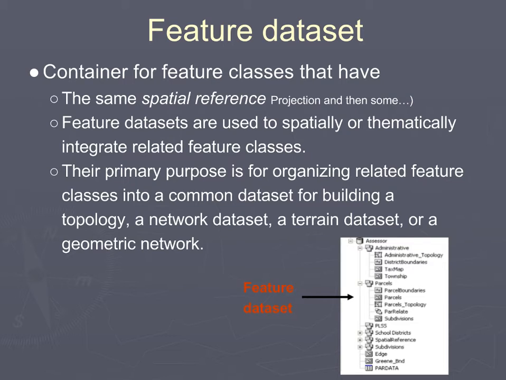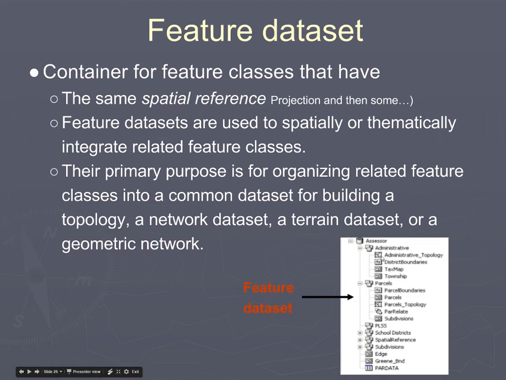If you want to manage spatial relationships between two feature classes using a topology like this topology in this feature dataset, your feature classes must reside in a feature dataset.